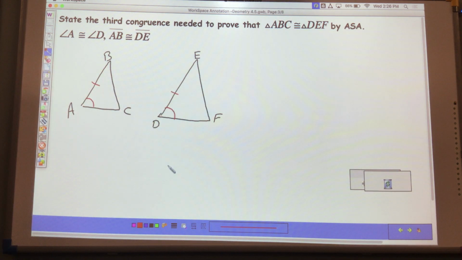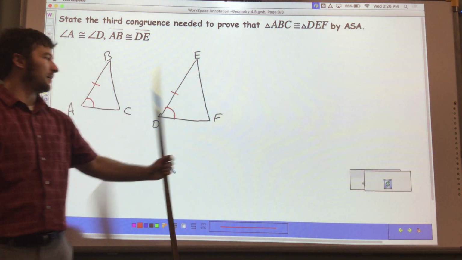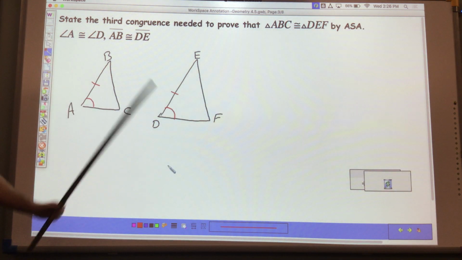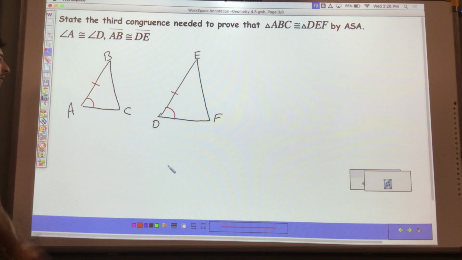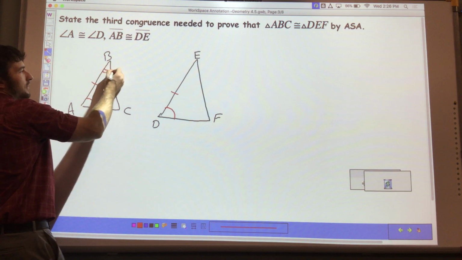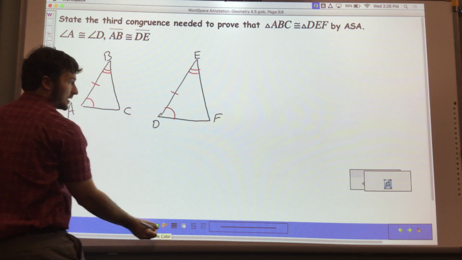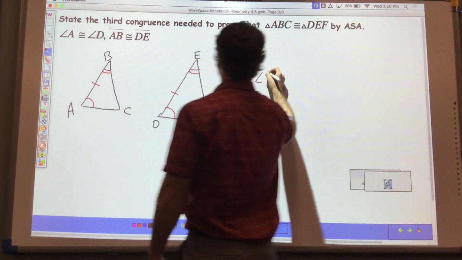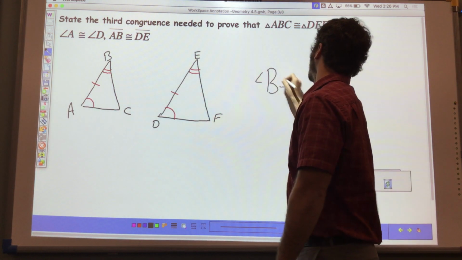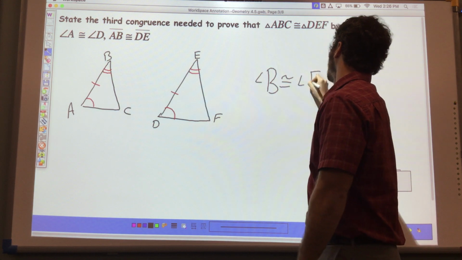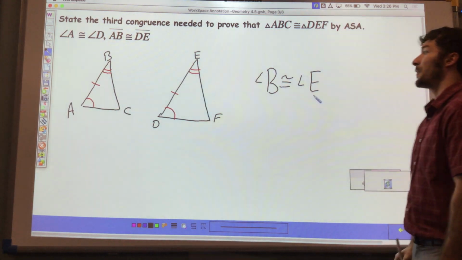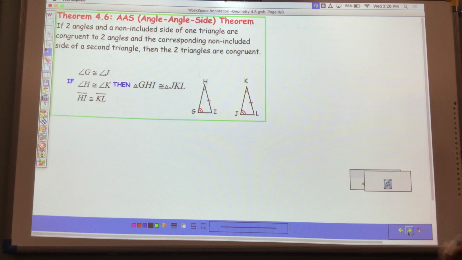So to get angle, side, angle, we follow the pattern. Here's our angle, then our side, so our other angle needs to be angle B and E. So we need angle B is congruent to angle E. That would be the third congruence we need there.